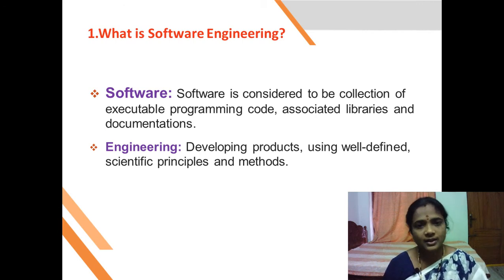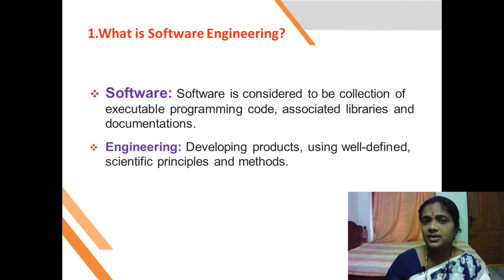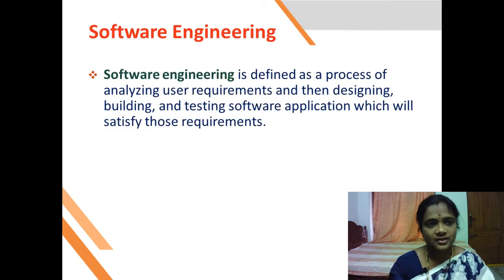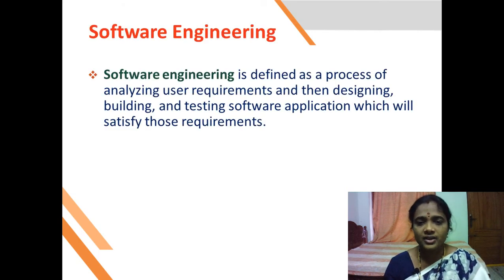Okay, software is nothing but a collection of executable programming code, and engineering is nothing but developing products using well defined scientific principles and methods. So let's see the combined definition of software engineering.